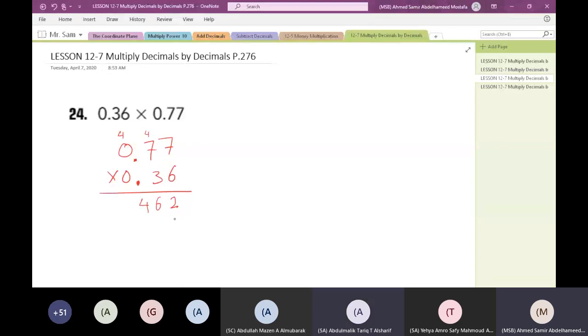First, we have to add a 0 because it's the second digit. Yes, correct. Now let's see. 3 times 7 will equal 21. So 1, and we shall put the 2 over the other 7. And it will be as well 21, plus the 2, it will be 23. Put 2 here.